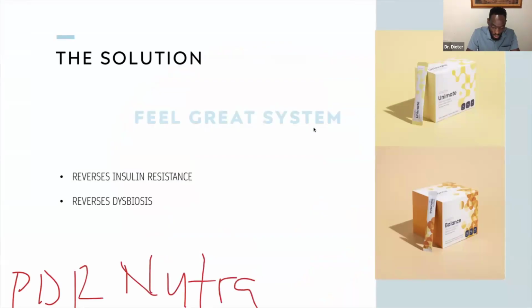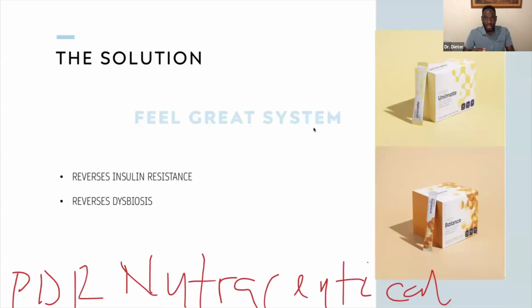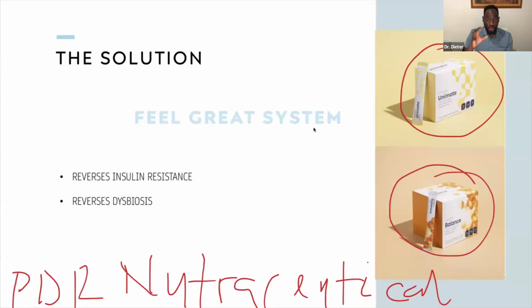A nutraceutical is a product that is made 100% from a plant, but in addition to nutritional benefits, has way more health benefits than nutritional benefits. The two products are Unimate and Balance. Both of these actually help to reverse insulin resistance and reverse dysbiosis.